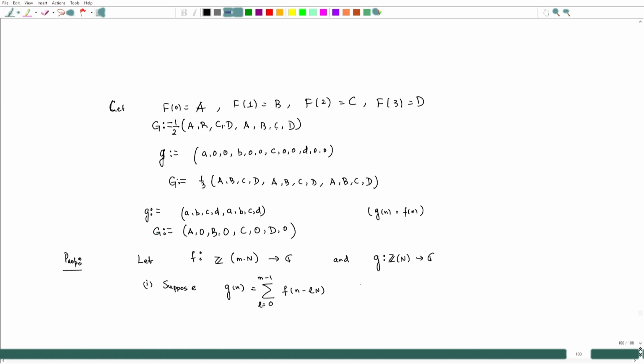Then g hat of k is going to be m times f hat of mk. And the second one is that if g of n is equal to f of mn, then g hat of k is equal to the summation over L equal to 0 to m minus 1 of f hat of k minus Ln.